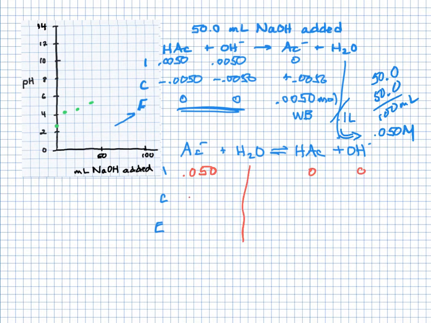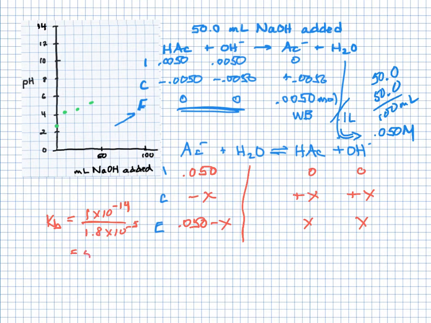Okay, so we've got 0.050 molar there. 0, 0. The rest of this should look pretty easy. 0.050 minus x, x, x. But I have a weak base, so I need the Kb. Well, Kb equals Kw over Ka.